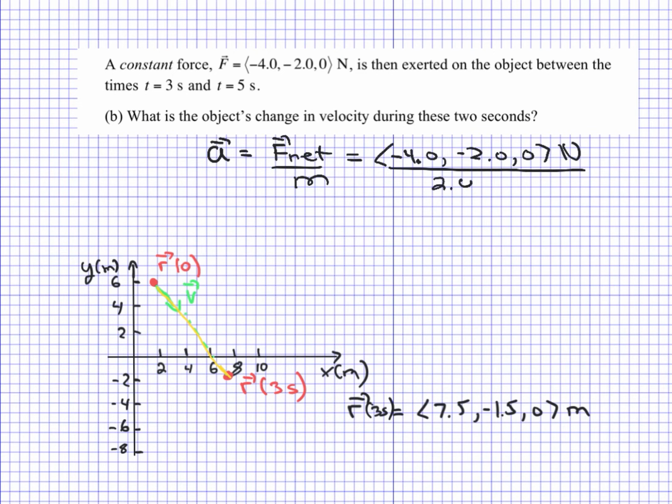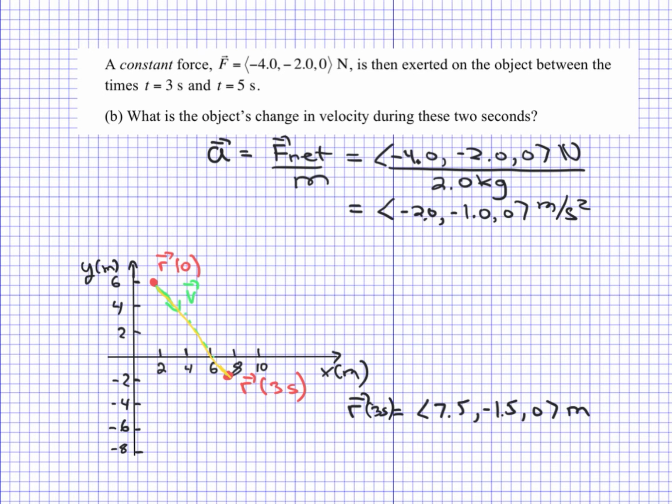We said previously that the mass of the stone was 2 kilograms. So the acceleration of the stone during this window of time is going to be -2.0, -1.0, 0, and the SI units for acceleration are meters per second squared.